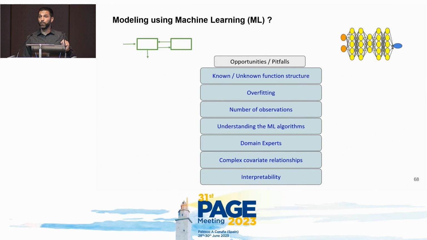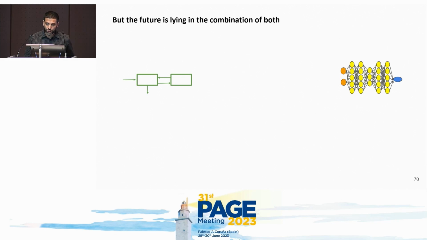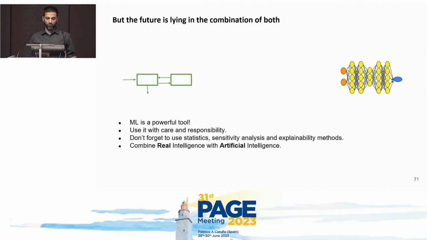Interpretability is very important. Try to really understand your methods. We started with this question: modeling using machine learning, yes, no, when? But the future is actually lying in the combination of both worlds. Machine learning is a powerful tool.